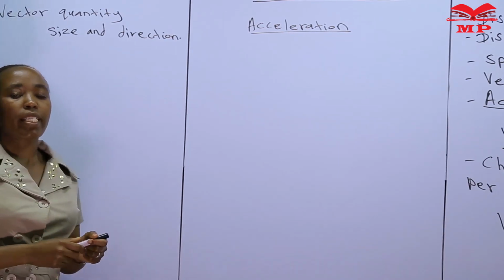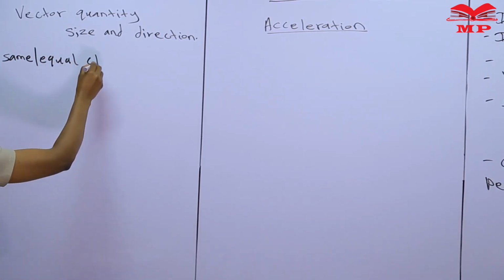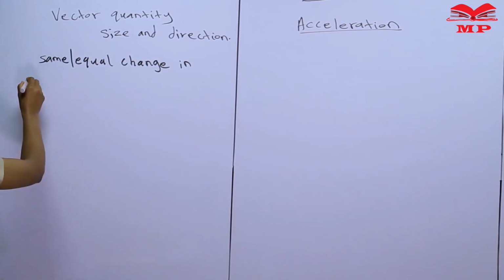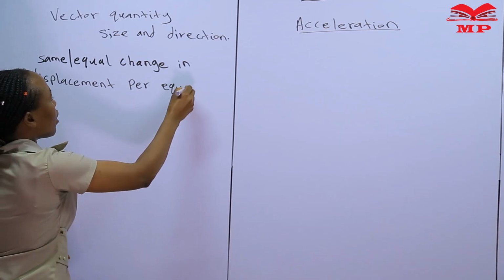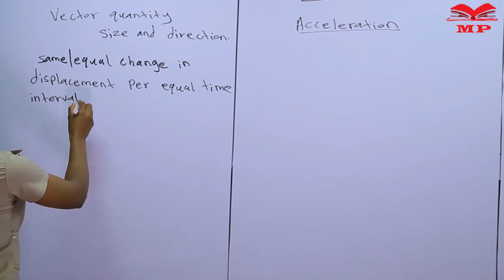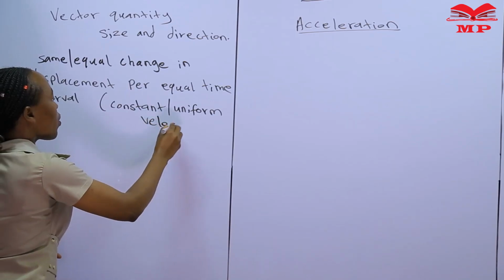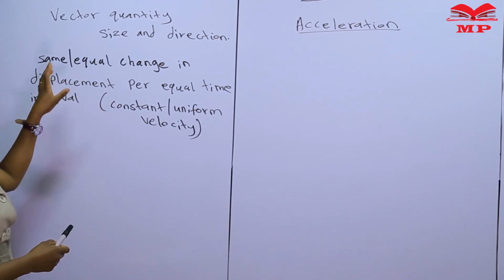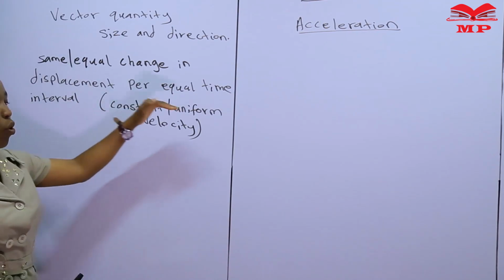Then again we said if there is equal change in displacement per equal time interval, no matter how small the time interval may be, then the body is moving at a constant or uniform velocity.